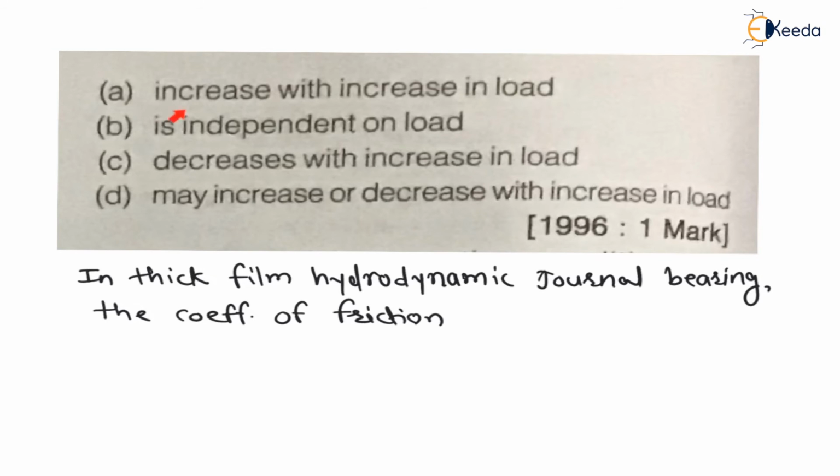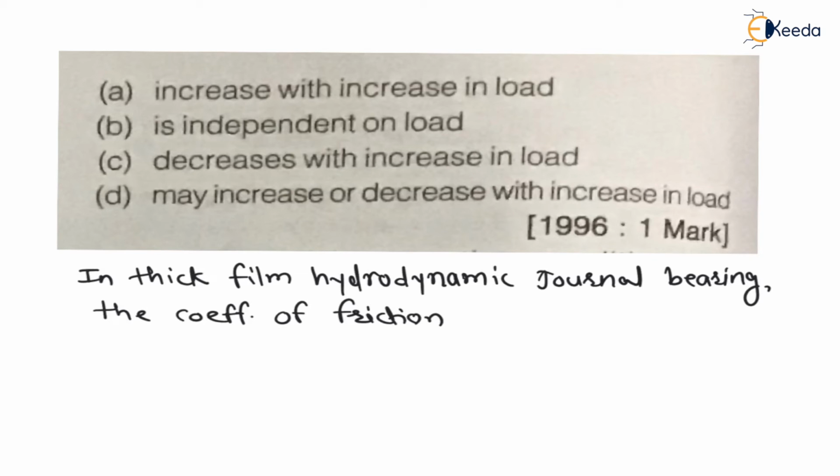Options: A increases with increase in load, B is independent of load, option C decreases with increase in load, option D may increase or decrease with increase in load. This is the question. Note down this question. I forgot to write the question here.